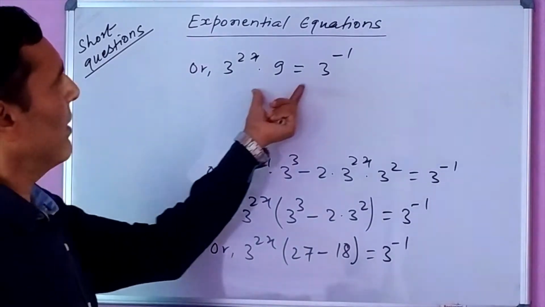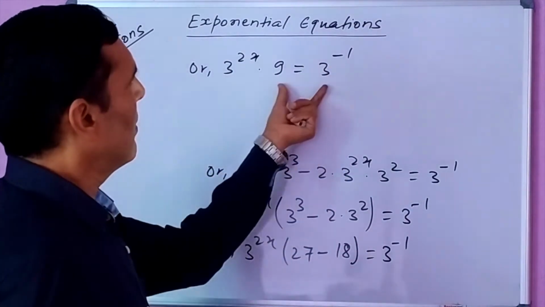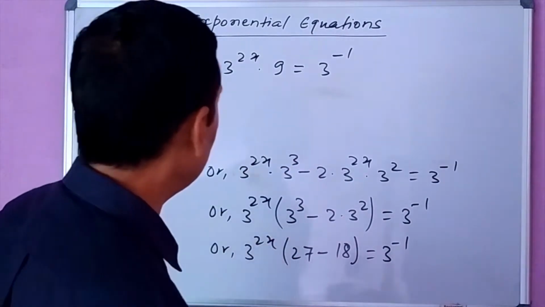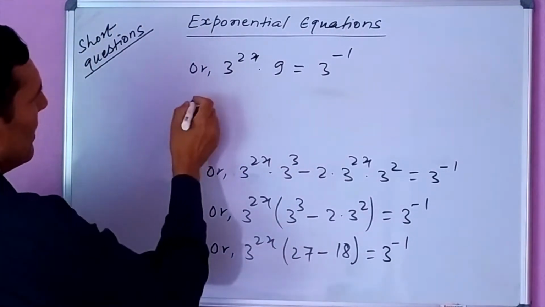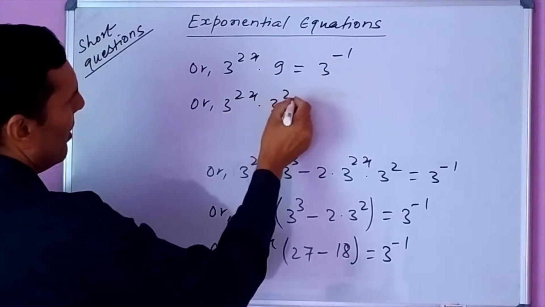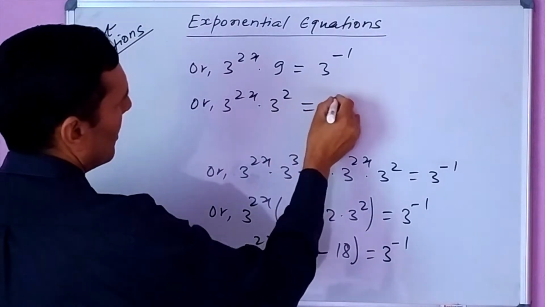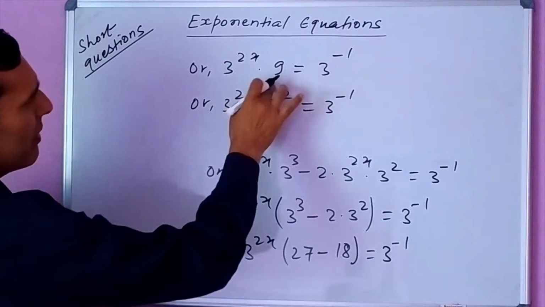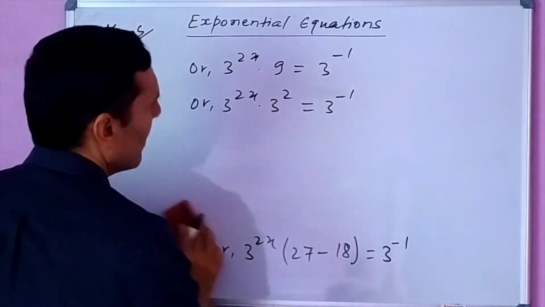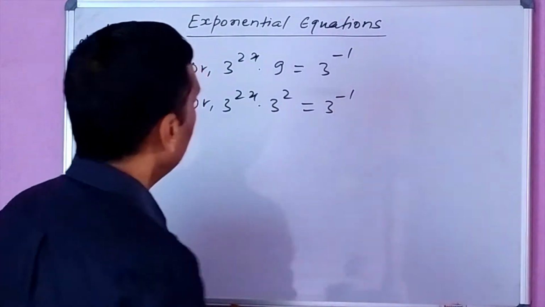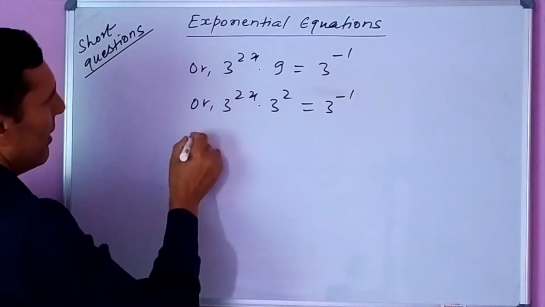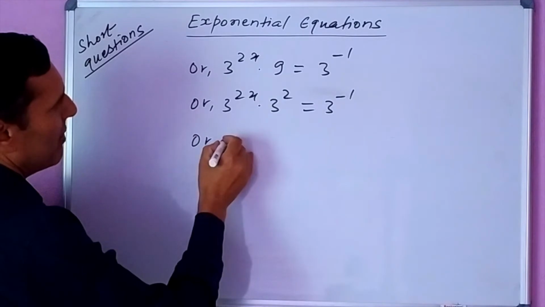With this 9, either you bring it to the other side and divide, or you can make the same base here also in the left hand side, because this 9 can be made 3 square. We can write 9 as 3 square, so on the same base the powers are added together.